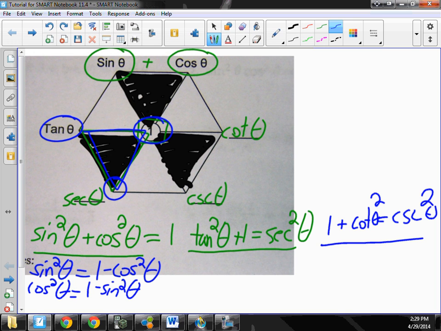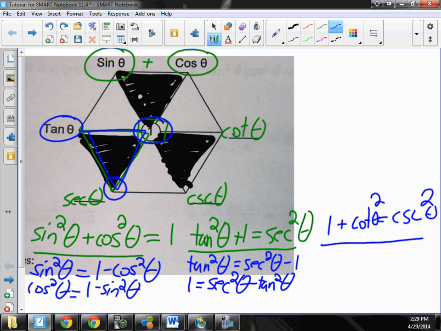Okay, how can the second one be written? Tangent squared of theta equals secant squared of theta minus 1. Or 1 equals secant squared of theta minus tangent squared of theta. So you can use any one of these. You can always take an identity and adapt it to the needs that you have, which is something we're going to end up doing here in just a little bit.